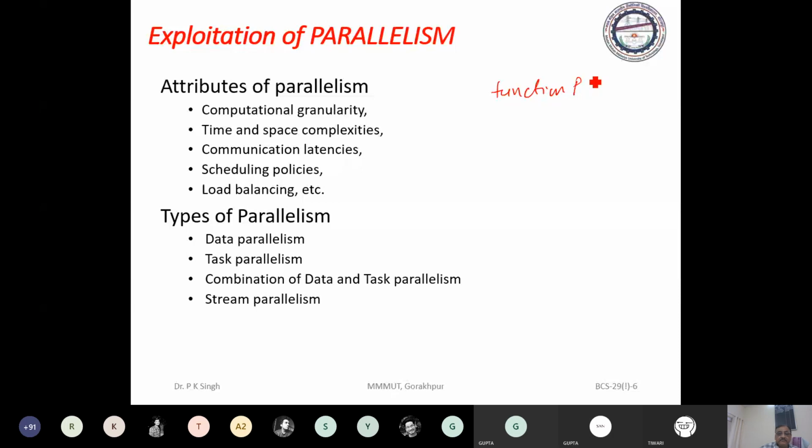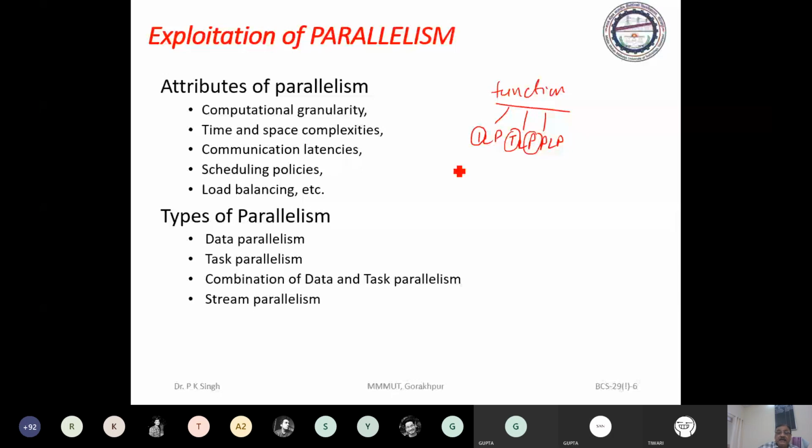In functional parallelism, we have three types: ILP, TLP, and PLP. ILP means instruction level parallelism. If we consider threads for parallel execution, it is thread level parallelism. If we consider processes for parallelism, it is process level parallelism.